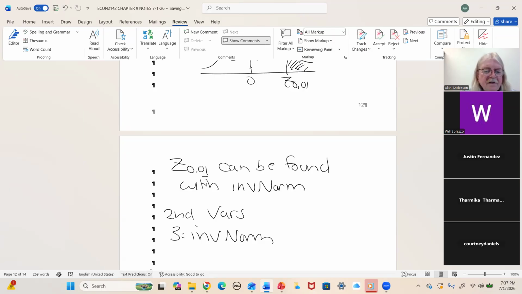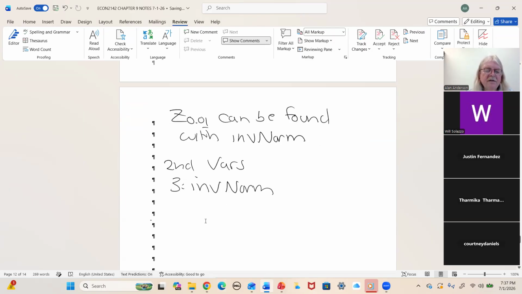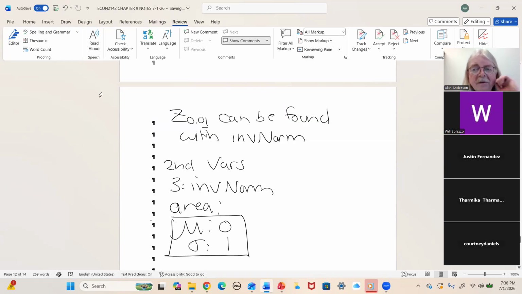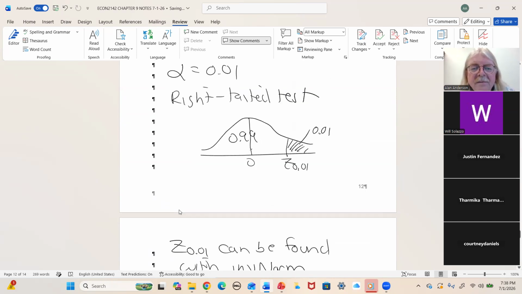Remember, this asks us for the area of interest, and the mean and standard deviation. These are 0 and 1 because this is the standard normal distribution. Now remember too, the area is the area in the left tail, which means based on this diagram, 99%.